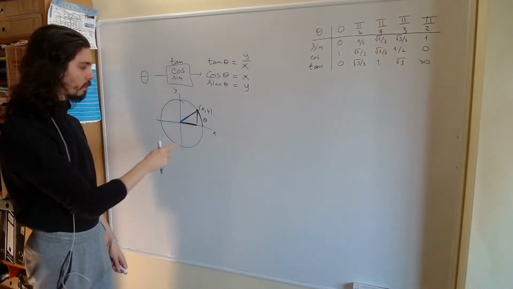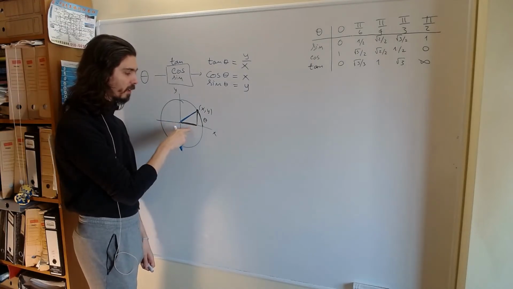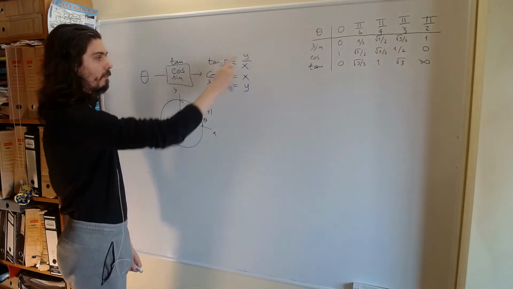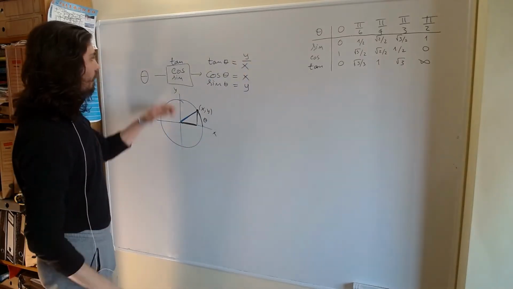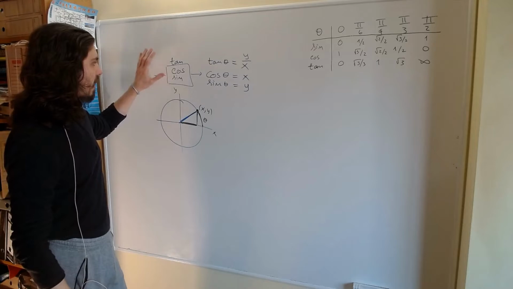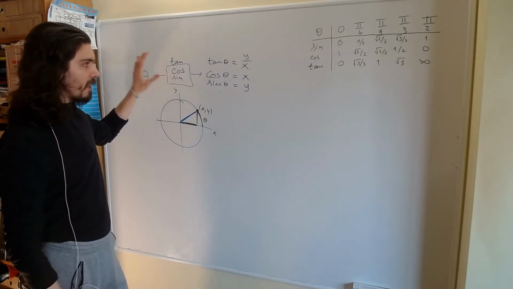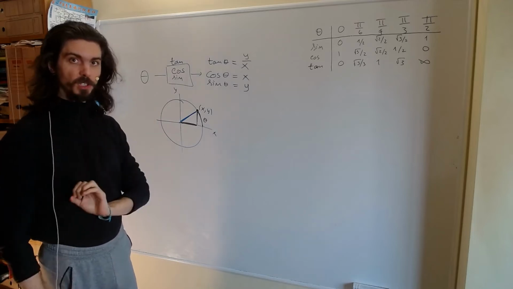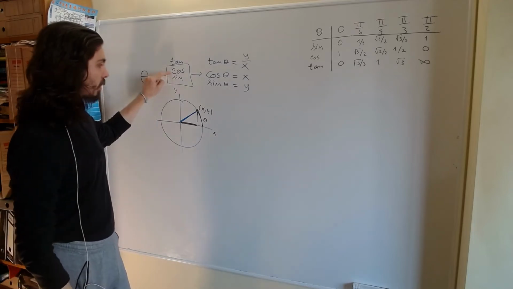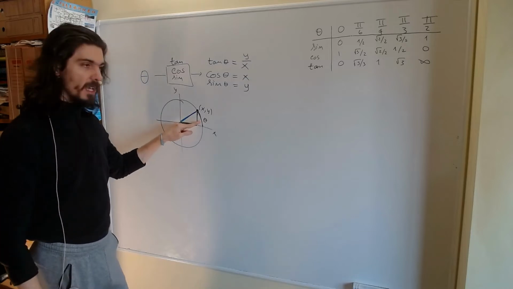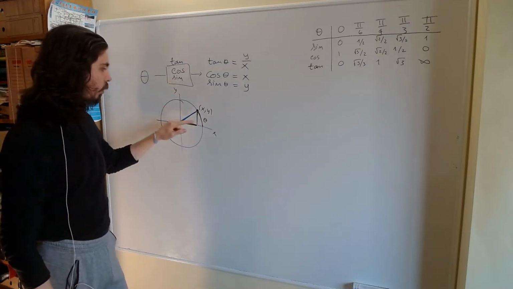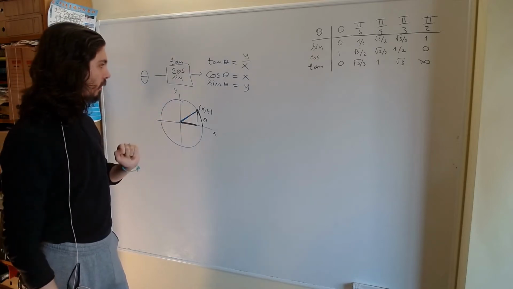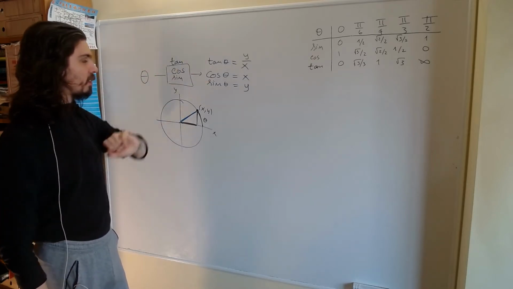Remember, the slope of the line, you just draw the triangle, so it's the height of the triangle divided by the base. Now, these are 3 distinct labels for 3 distinct 3-step procedures. The first one, the cos, picks the x coordinate, the sine picks the y coordinate, and the tangent picks the slope. This is the result of these three functions.